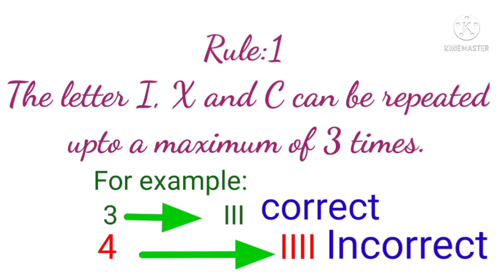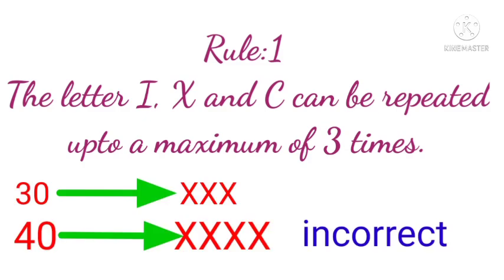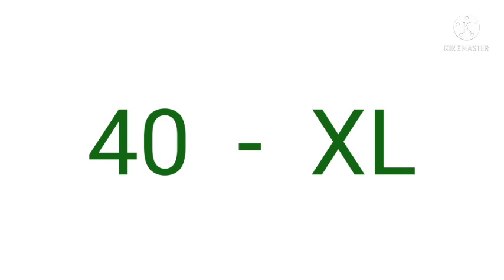We don't represent 4 as IIII, which is incorrect. 4 can be written as IV. 30 can be represented as XXX. We don't represent 40 as XXXX, which is incorrect. 40 can be written as XL.